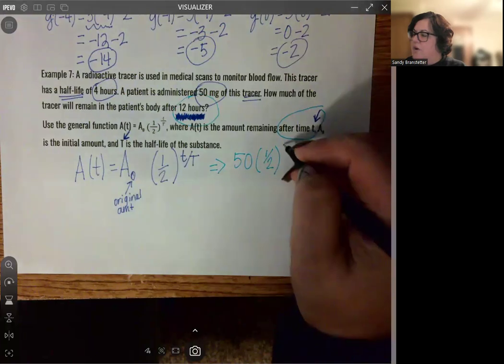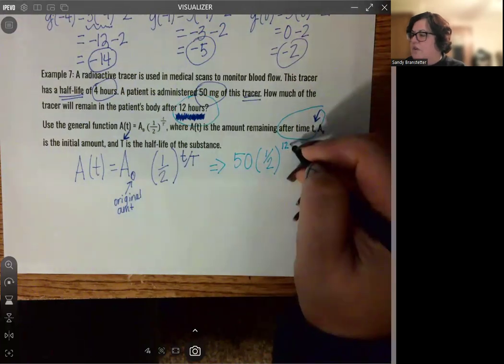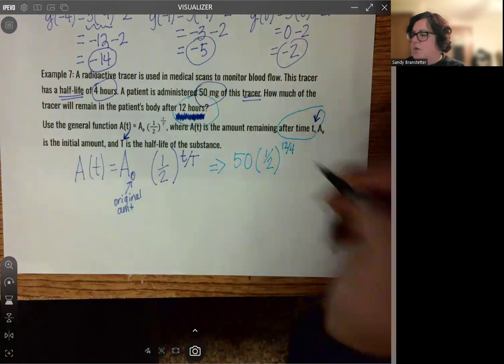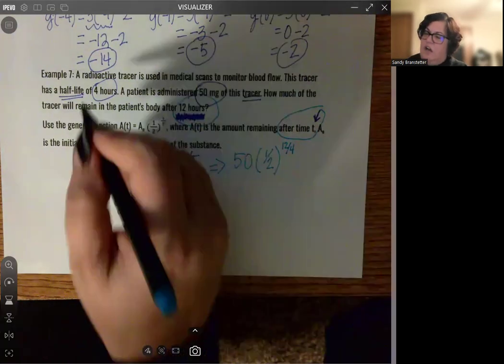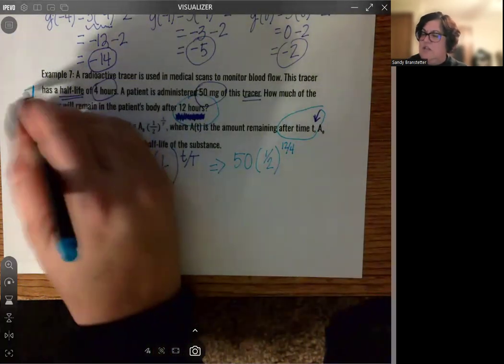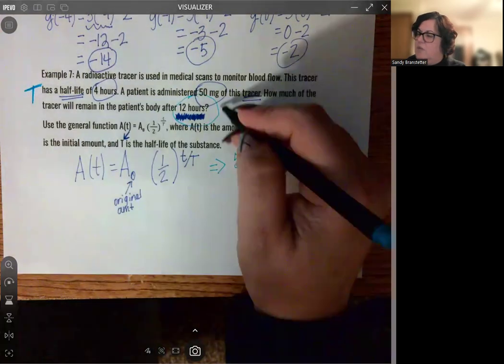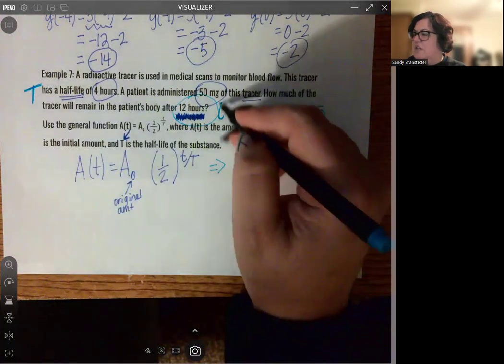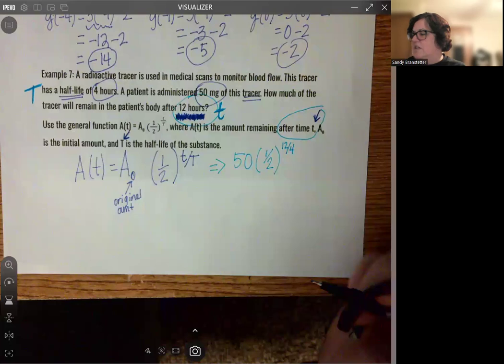So our power is going to be 12 divided by 4. Again, our half-life is capital T. The time we're interested in is little t.